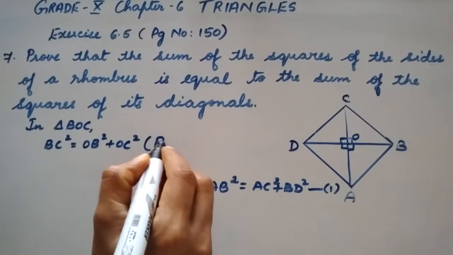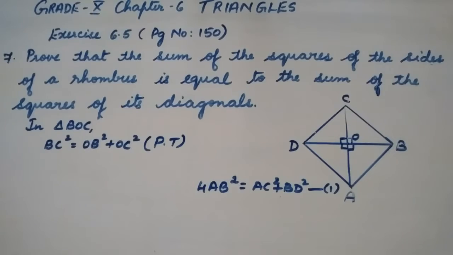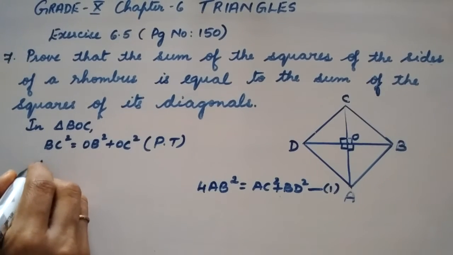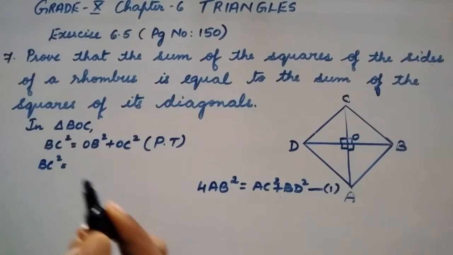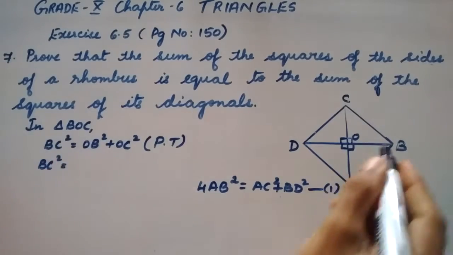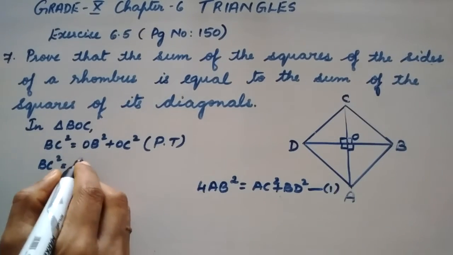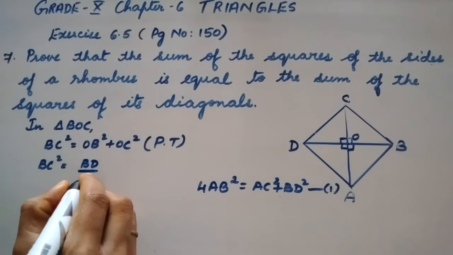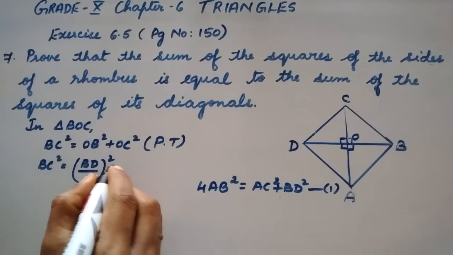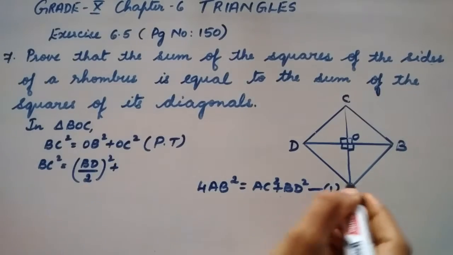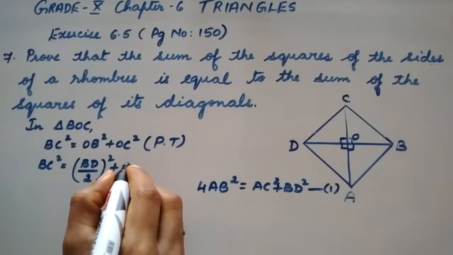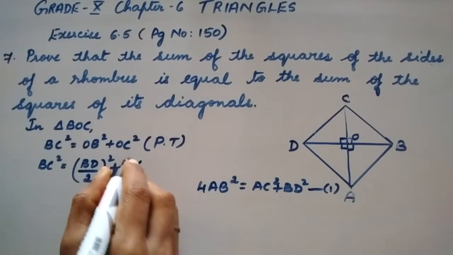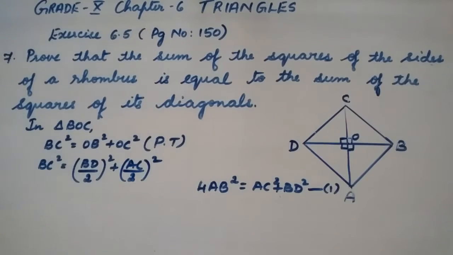Again, this is by Pythagoras theorem. OB is half of BD, so BD by 2 to the whole square, plus OC is half of AC, so AC by 2 to the whole square.